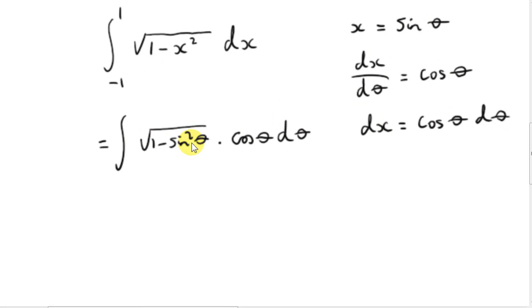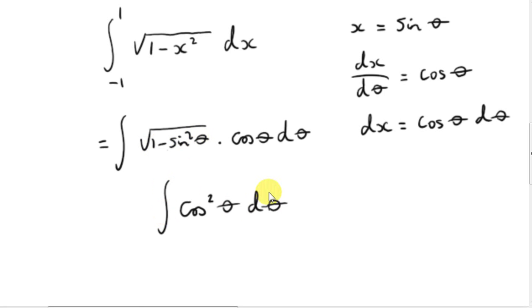Now 1 minus sine squared theta is cos squared theta, and the square root of cos squared theta is cos theta. So this quantity is cos theta, and we have cos theta times cos theta. That's cos squared theta. Okay, so you can look up that identity in tables. It comes from cos squared theta plus sine squared theta equals 1.